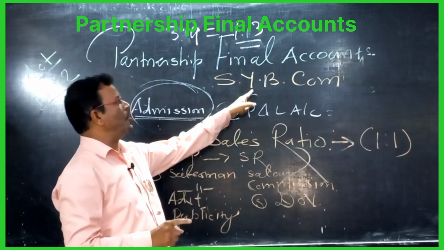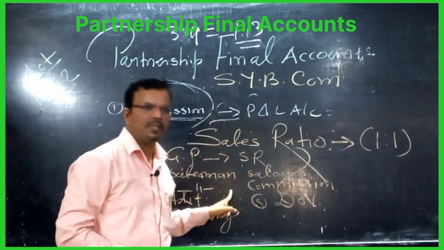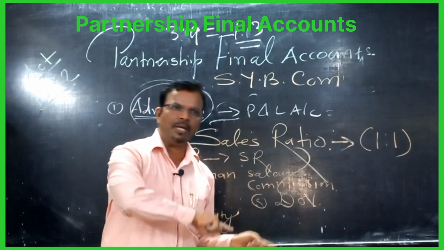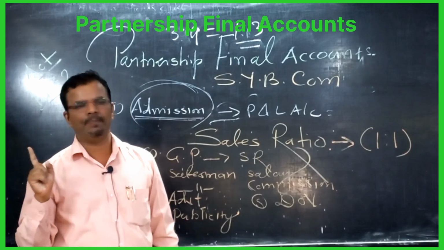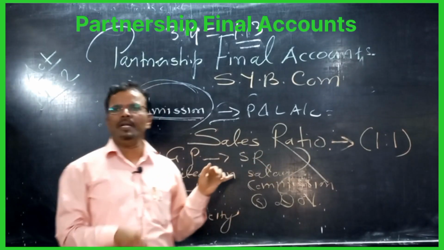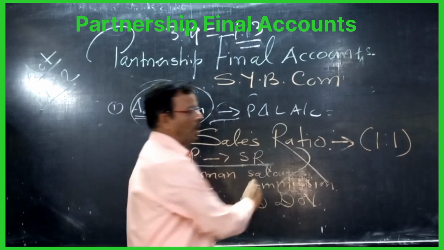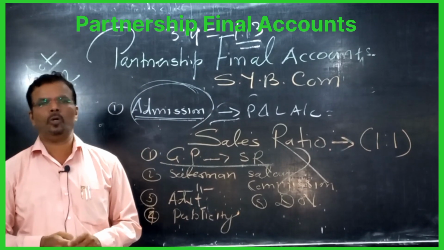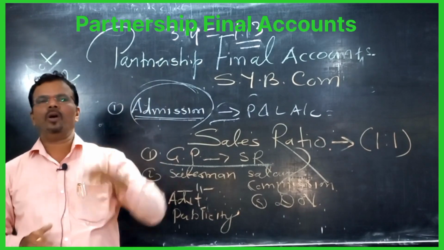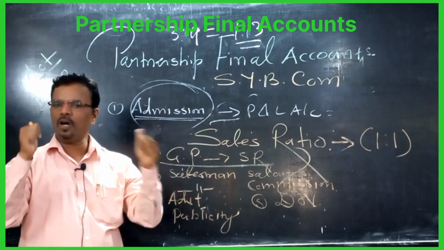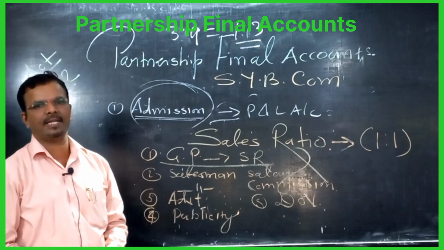From the SY BCom point of view, we always find out the time ratio and sales ratio before doing the sum. So very important here, GP is always divided on sales ratio. 100% going to be asked in the exam for objective. All the best for your exam.